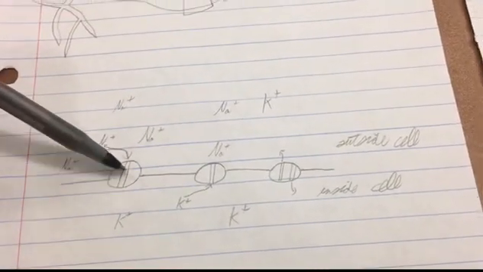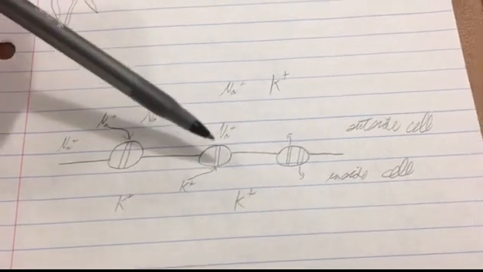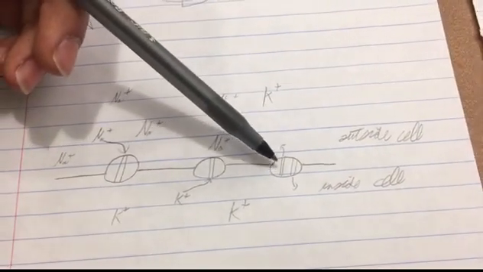And then we also have 3 voltage gated channels. We have a sodium channel, a potassium channel, and then a sodium potassium channel.